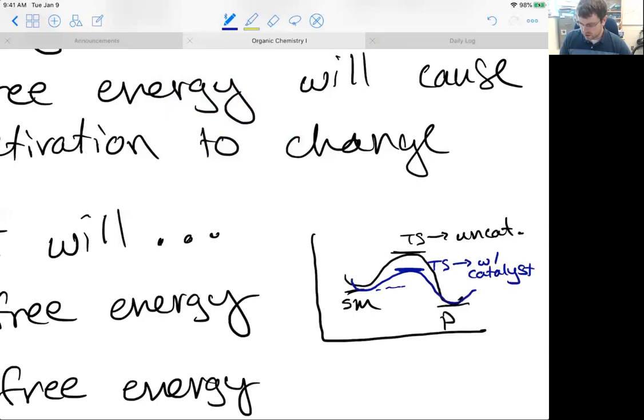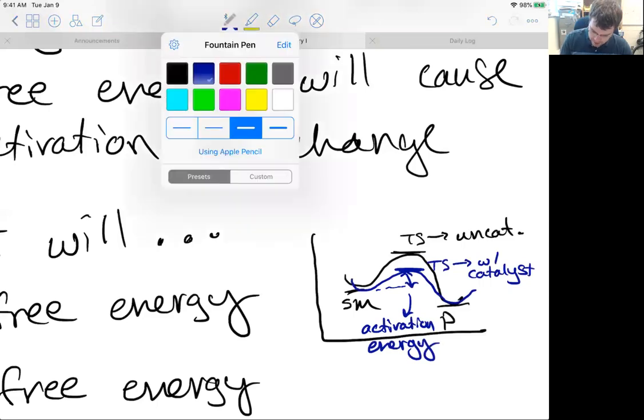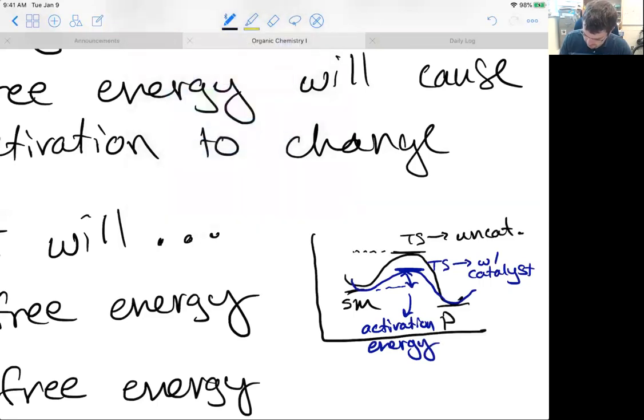And so this is our new activation energy, whereas our old activation energy is right here, and that original activation energy was higher, so the reaction proceeded more slowly.